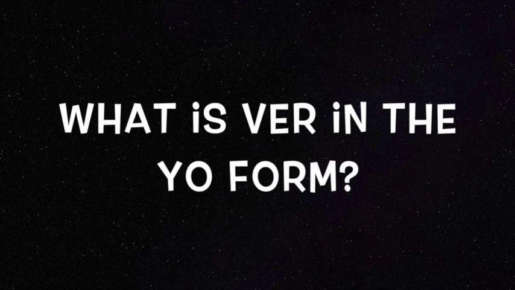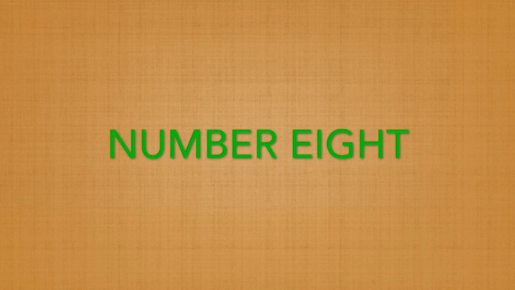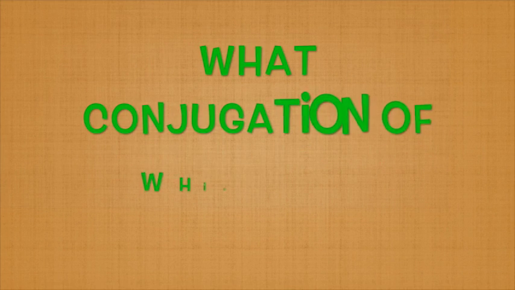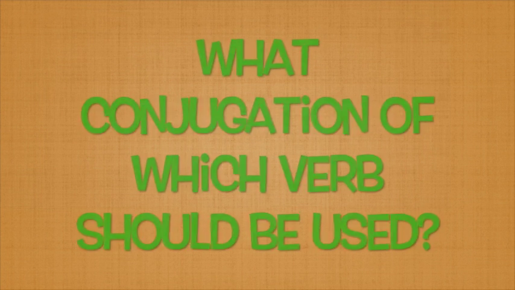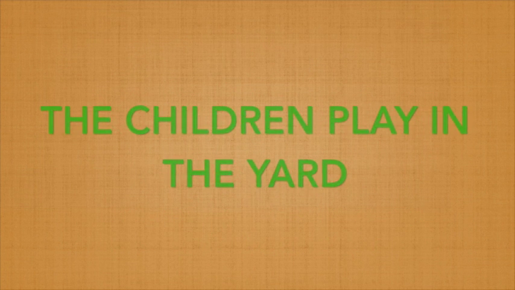What is ver conjugated in the yo form? Flawless. It is veo. Last question. This is the toughest one. What verb would you use in this sentence and how would it be conjugated? The children play in the yard. Impeccable! You did fantastic. It is jueguen.